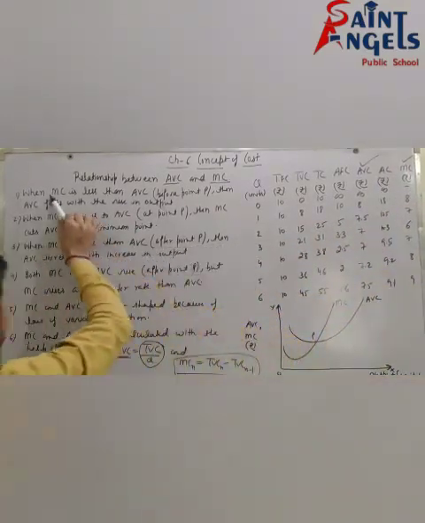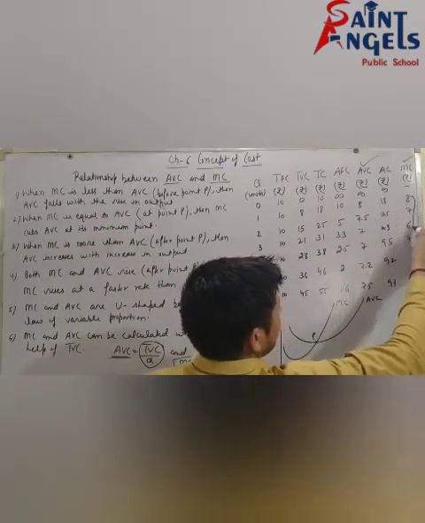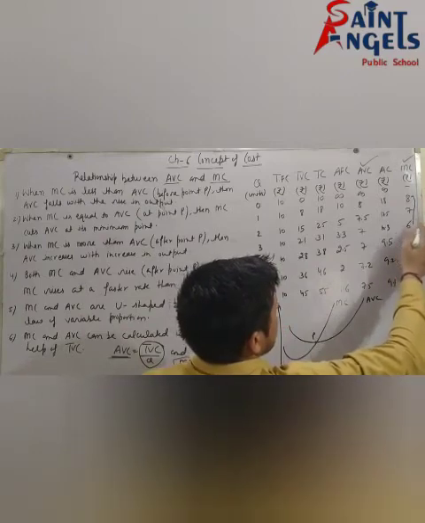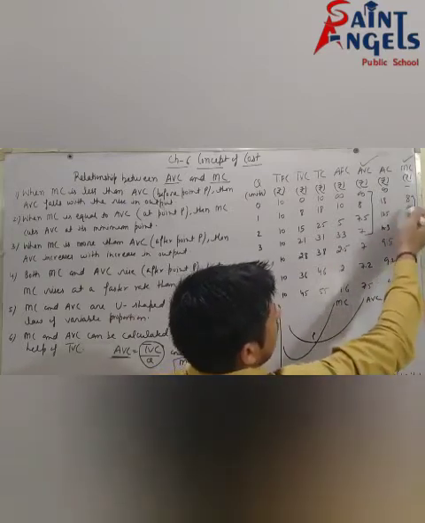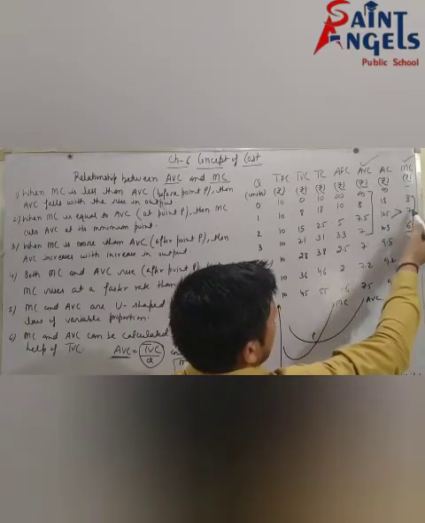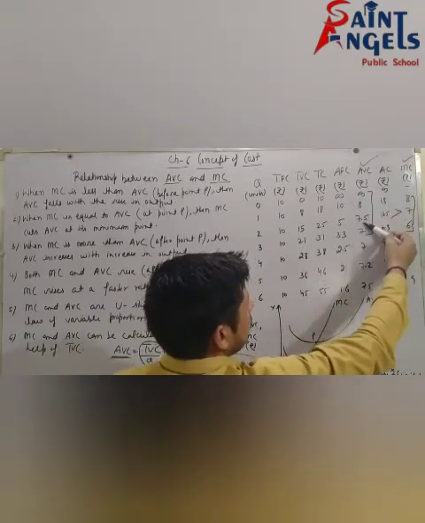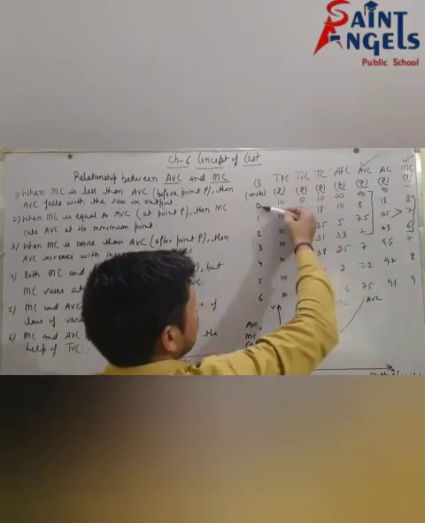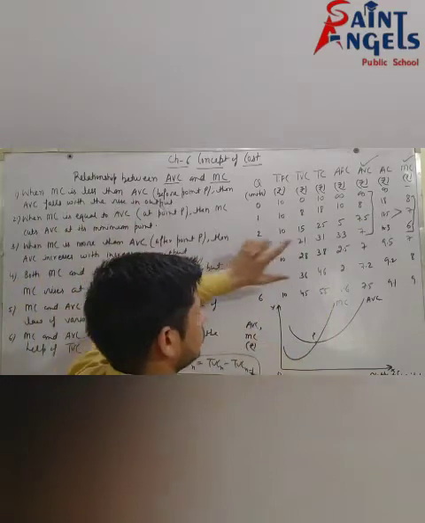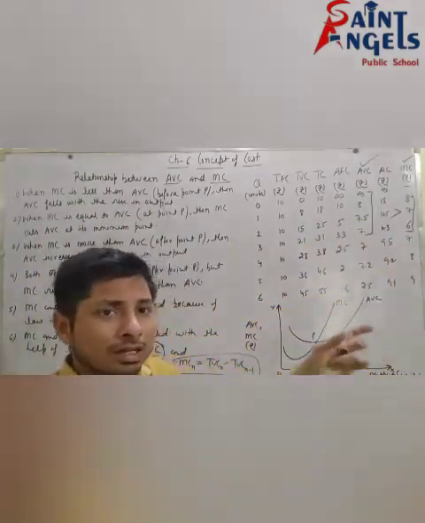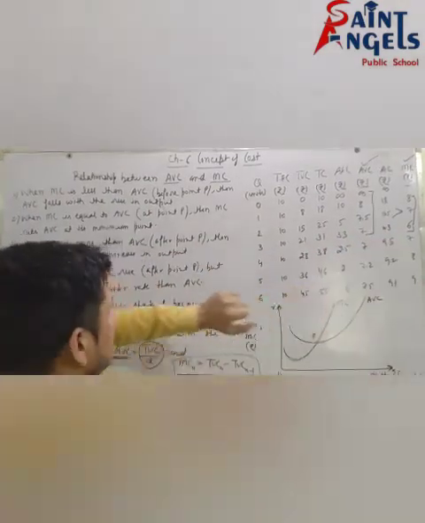When MC is less than AVC, then AVC falls with the rise in output. You can analyze these situations in this table also. See next point.